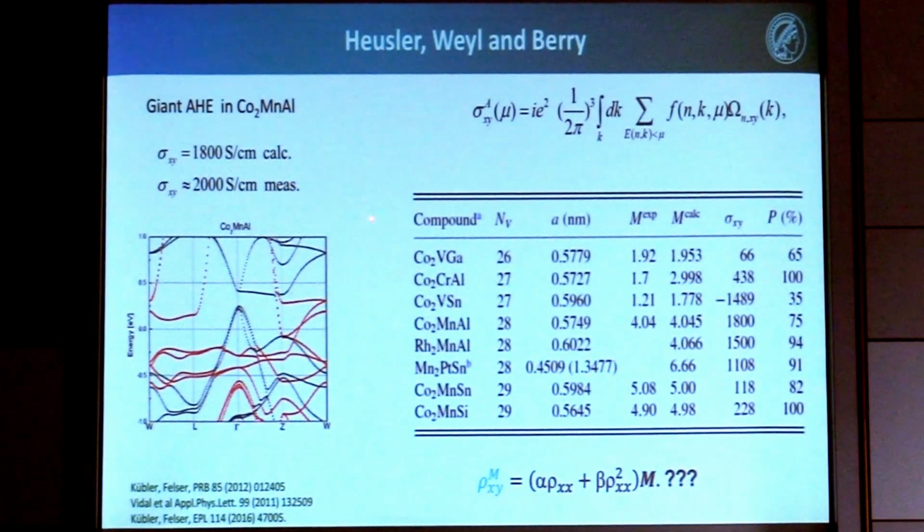Slightly later, Jürgen Kübler did calculations based on the Berry phase, and we found a very nice agreement in this compound between the measured Hall effect and the calculated Hall effect. The reason for this is that we have this Weyl crossing around the Fermi energy. At this time, we simply did a calculation, and therefore Heusler, Weyl, and Berry.